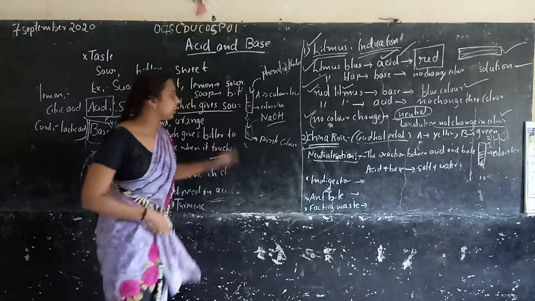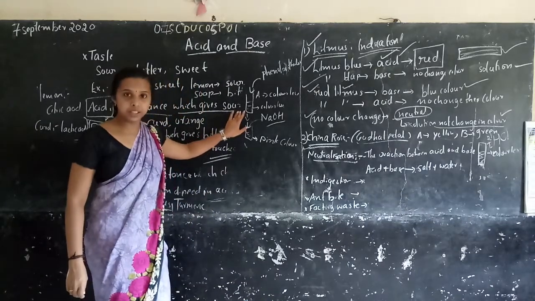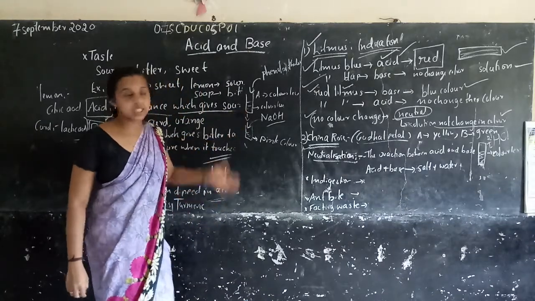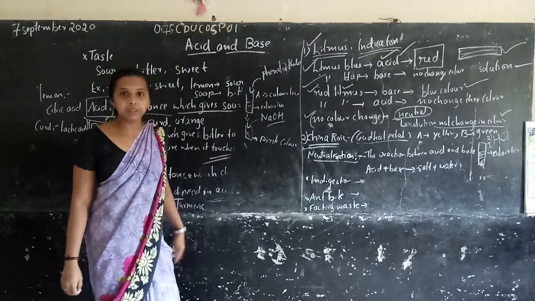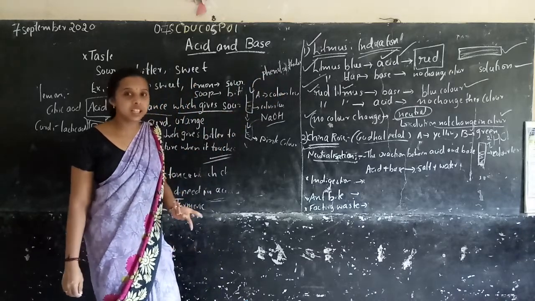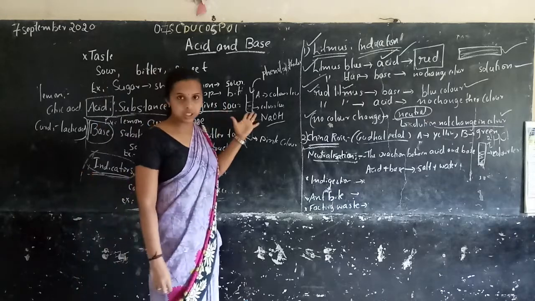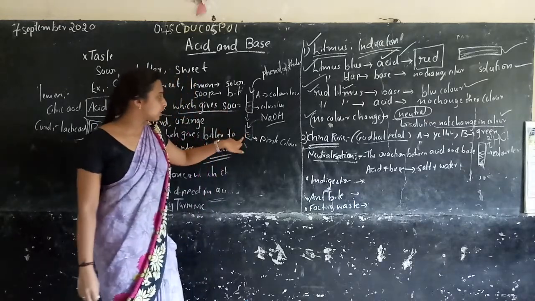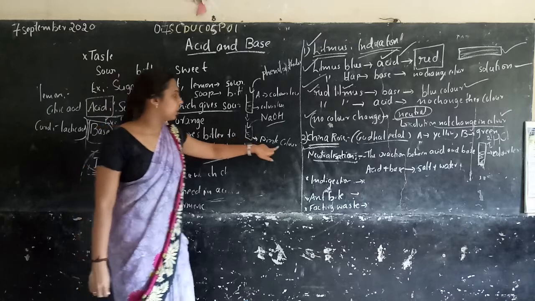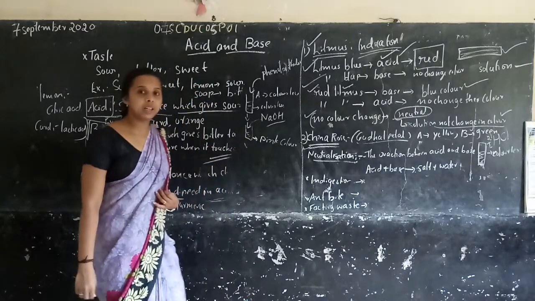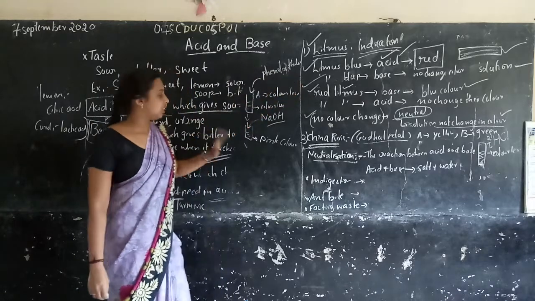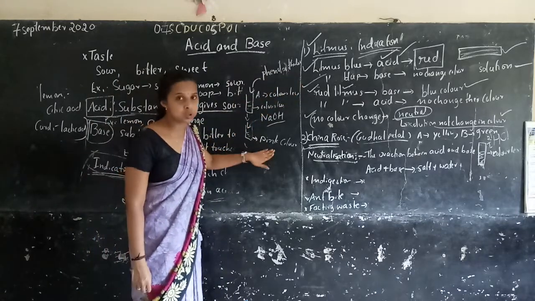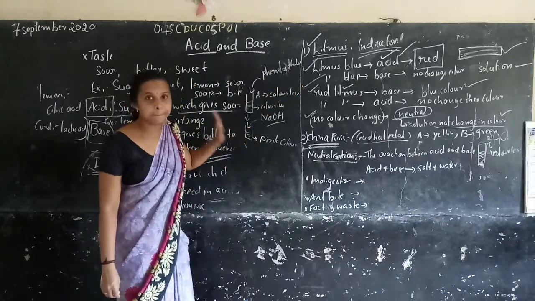So initially the acid is colorless. When I add a few drops of phenolphthalein indicator, it does not change the color. If I add sodium hydroxide, it shows pink color. Why pink? Because of the phenolphthalein indicator. When pink color shows, it means the solution has a base.